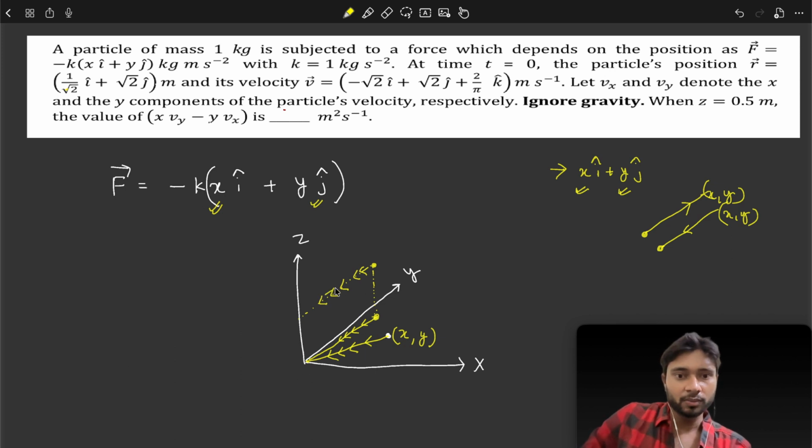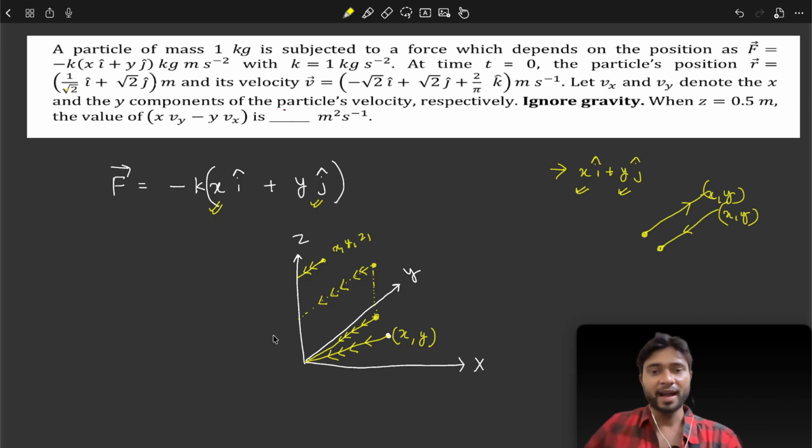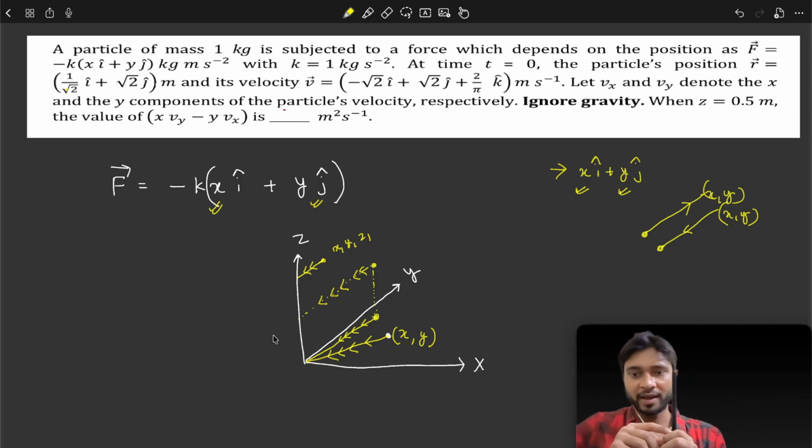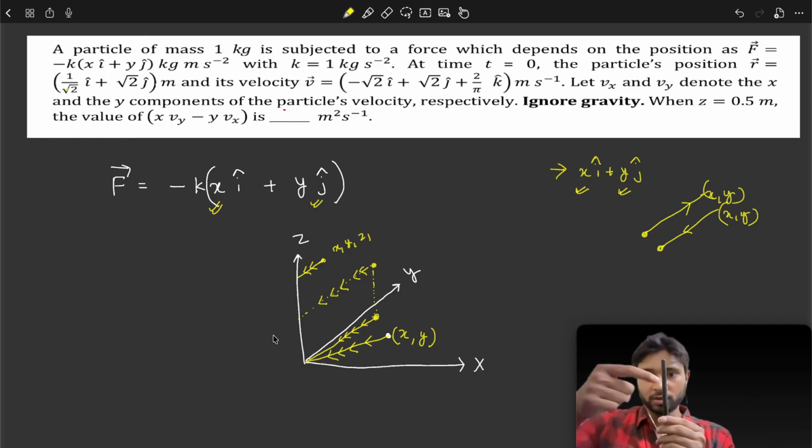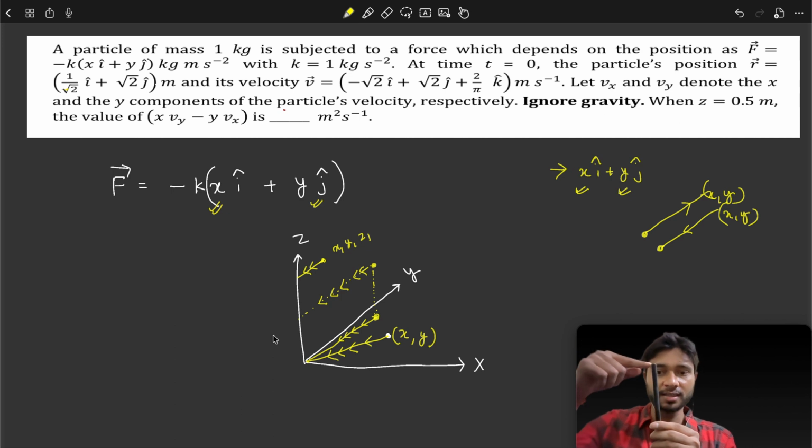So if the particle is at this point, having some coordinate x1, y1, z1, the direction of force will be independent of z, and it will be in the direction of minus x minus y, which is this direction. So at every point of time, suppose this is my z axis, the direction of force is towards the z axis.